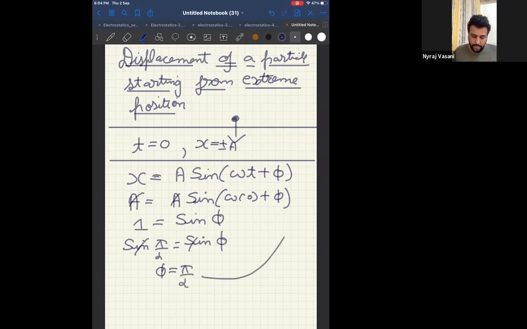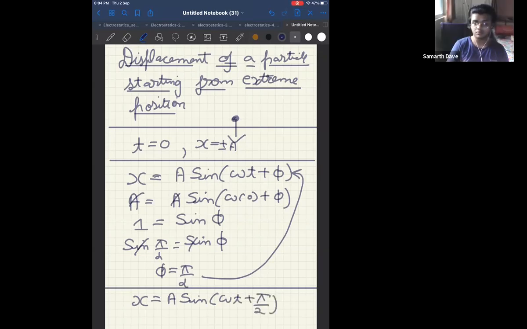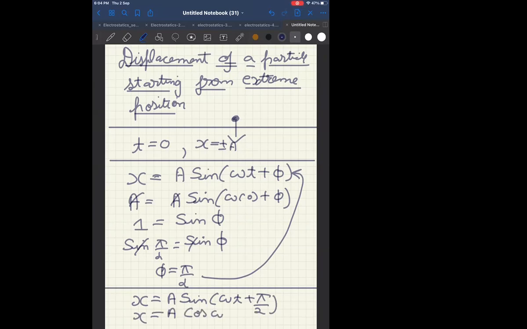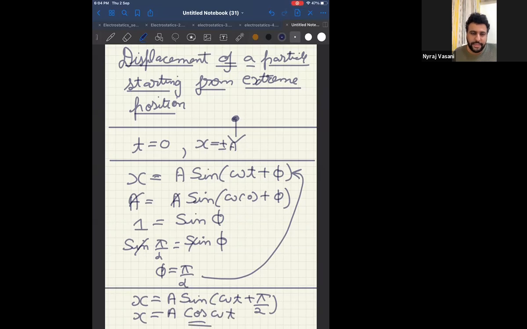Now put phi equal to pi by 2 in this equation. Stop writing. Listen. Tell me what will be the answer. Can I say sine 90 plus theta is cos theta?